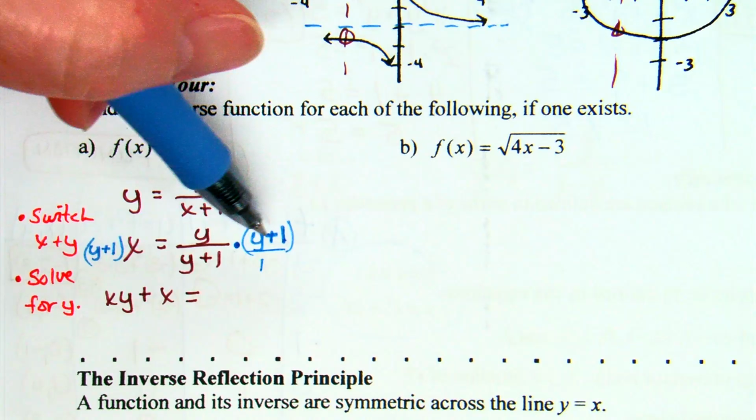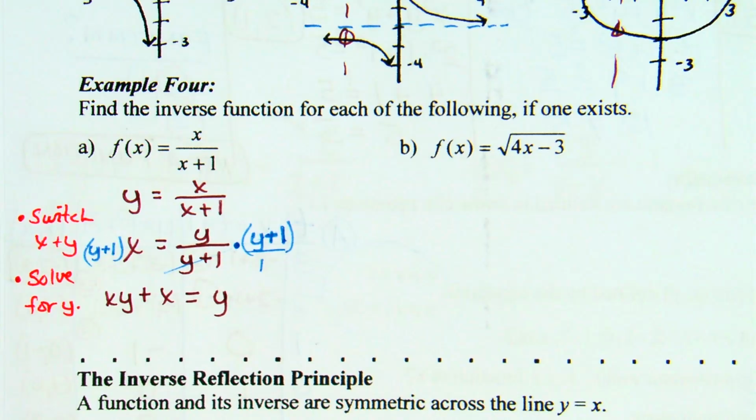Okay, so if we're solving for y, we need all the y's together. So how can I get all the y's together? I don't want to divide the y from the x because there's another term here also, and that won't really work for me. Not exactly.